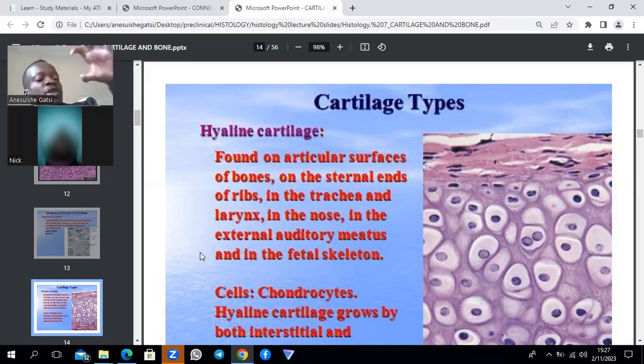Then fibrocartilage. Fibrocartilage is a bit unique. It's a bit different from the other two types I've mentioned, where instead of having more of type 2 collagen, it is type 1 collagen.